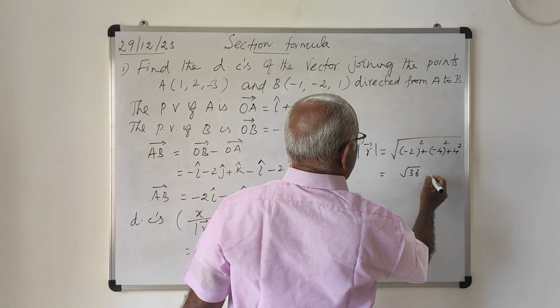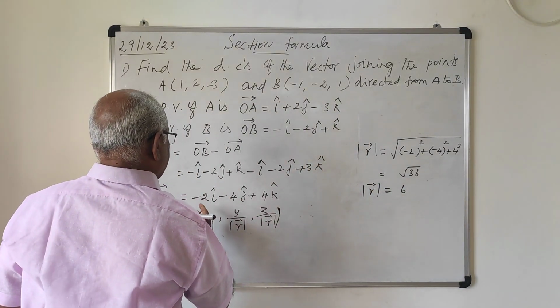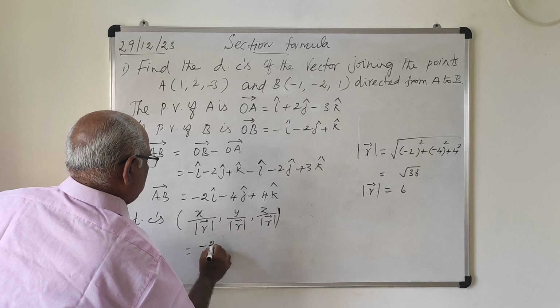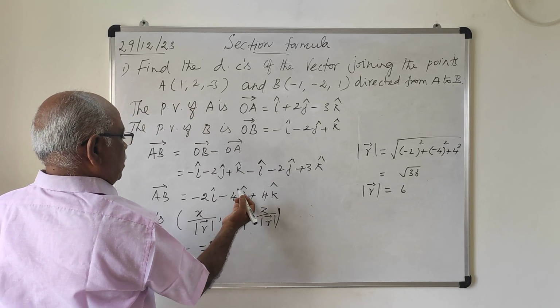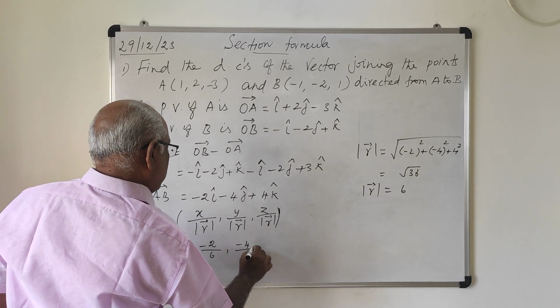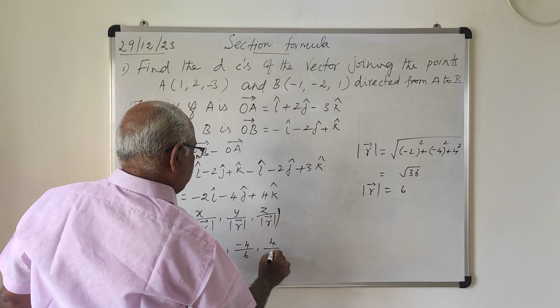Square root of 36 is 6. So the modulus of r is 6. Therefore x is minus 2, so minus 2 by 6. Y is minus 4, so minus 4 by 6. Z is plus 4, so 4 by 6.